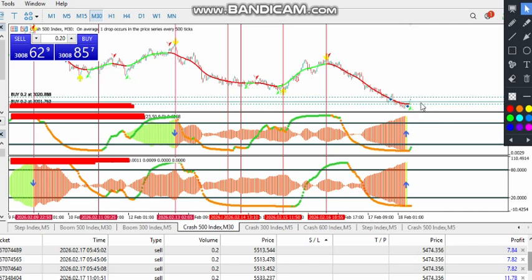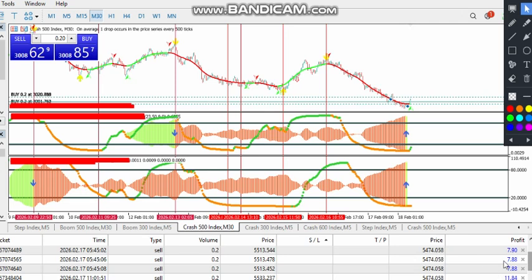If this particular trend keeps on going down, it is going to give us another entry area around here, until we have our red appear on the uptrend. Immediately this red appears on the uptrend, that is where I'm going to take my profits, guys. So that is how it works on Crash 500 30-minute time frames.